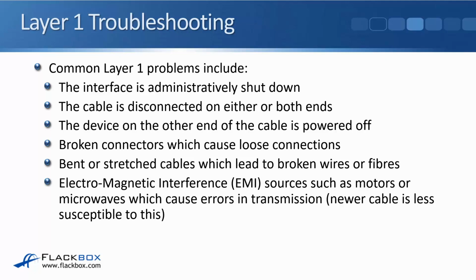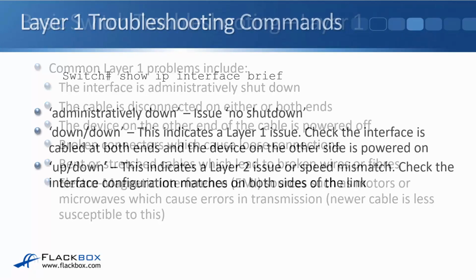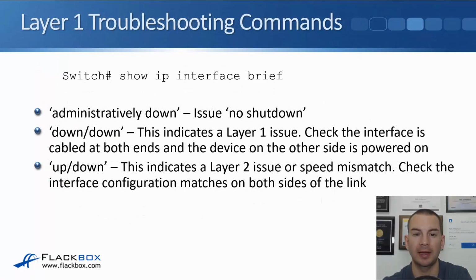And lastly, EMI, electromagnetic interference sources such as motors or microwaves, can cause errors in transmission. That is not such a big problem if you've got newer cable, like Cat7 has got much better shielding than Cat3 cable does.